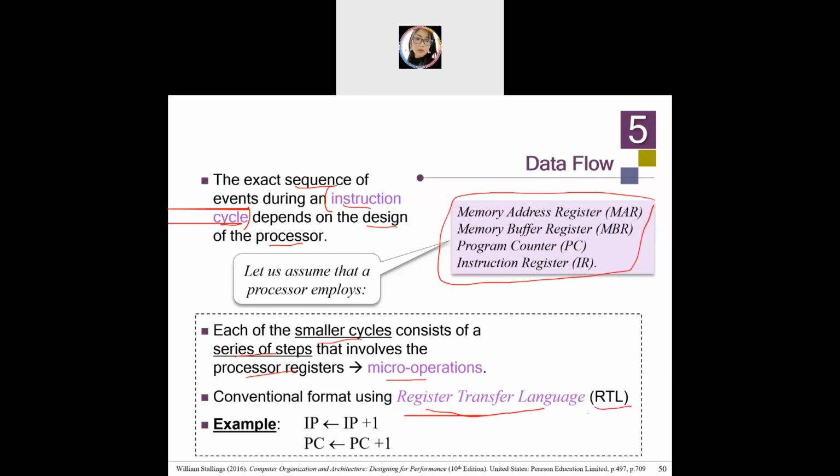So you can see you have IP+1. This is an example of using register transfer language, or you might be using a program counter. You add to the program counter value. So if you point at the register address 500, when you point to the next one, you add +1.